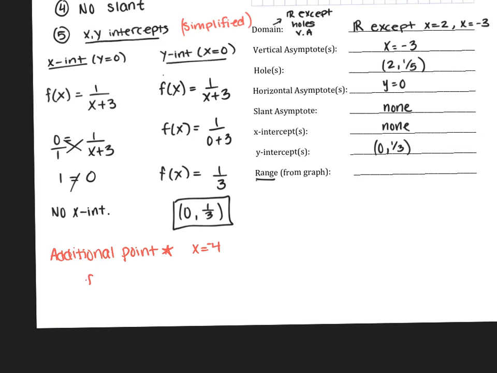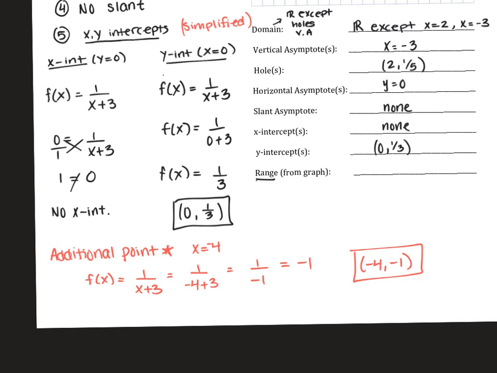You can use the simplified equation. So f of x equals 1 over x plus 3. So 1 over -4 plus 3 is 1 over -1. -4 plus 3 is -1. And I get y equals -1. So the point would be (-4, -1).